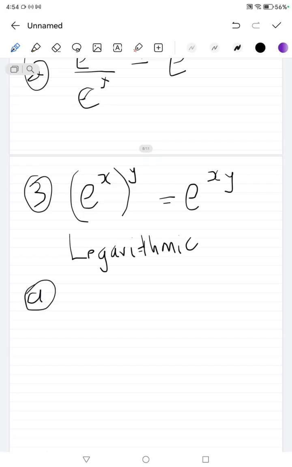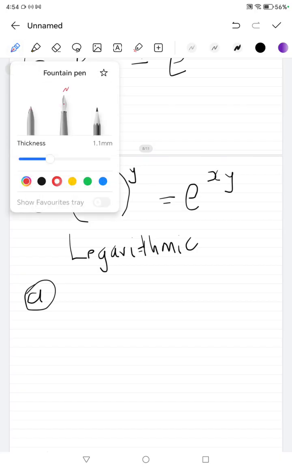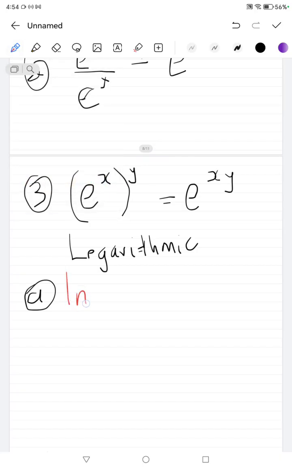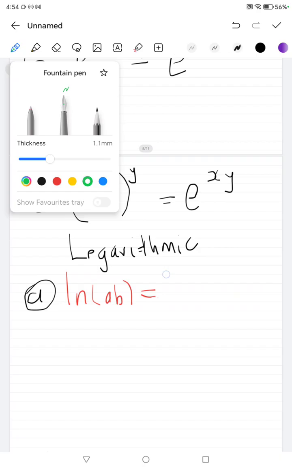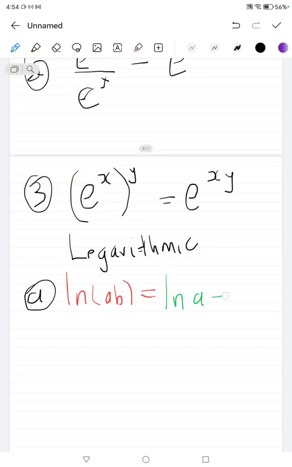Then let's just say you are given something like ln of ab. This you can break down into ln of a plus ln of b.